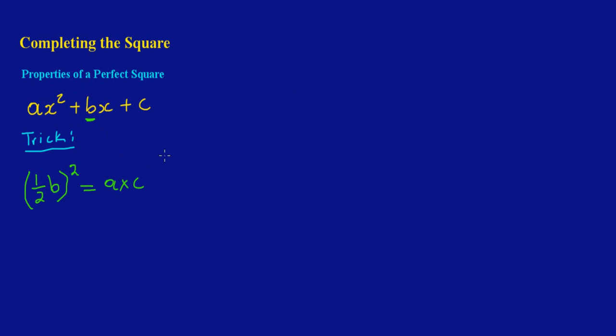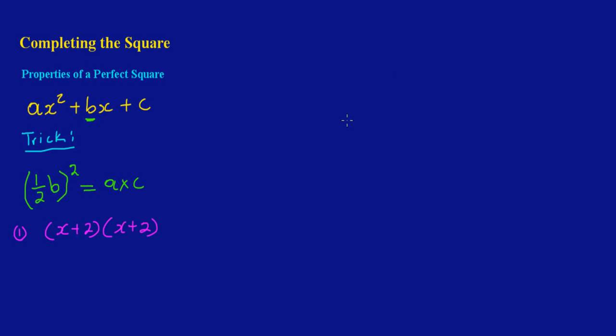if the quadratic is a perfect square. Now let's look at a quadratic expression that we looked at in the last exercise to prove this. We had looked at the perfect square x plus 2 multiplying x plus 2.